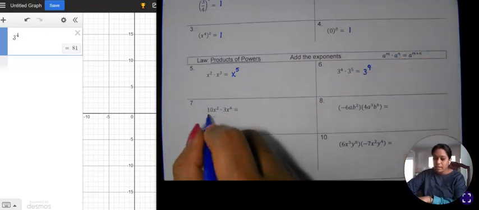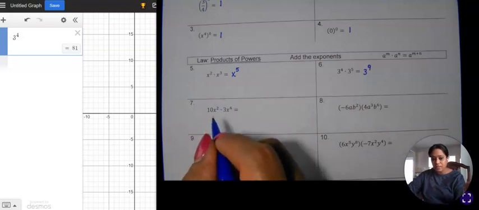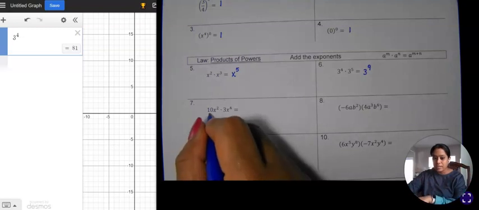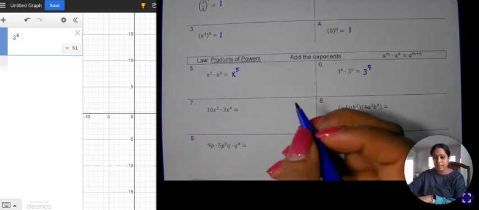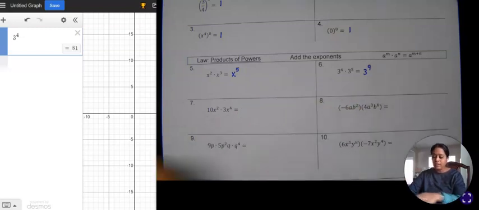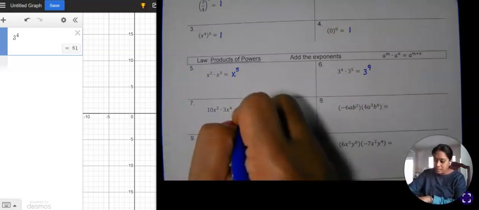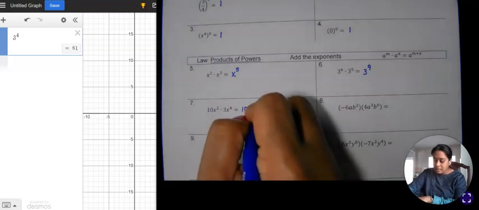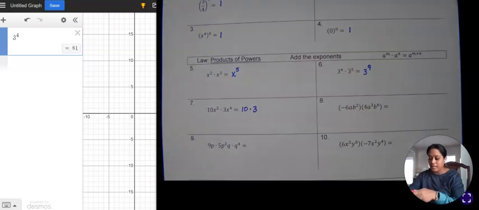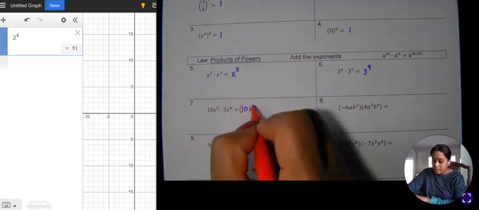All right, here, so I have some coefficients. A coefficient is the number in front of your variable. So what I can do with the coefficients here is go ahead and multiply them. So I will go ahead and write this out here step by step. So the coefficient, I'm going to do 10 times 3. Those are my coefficients. So I'm going to go ahead and multiply those two together. All right.